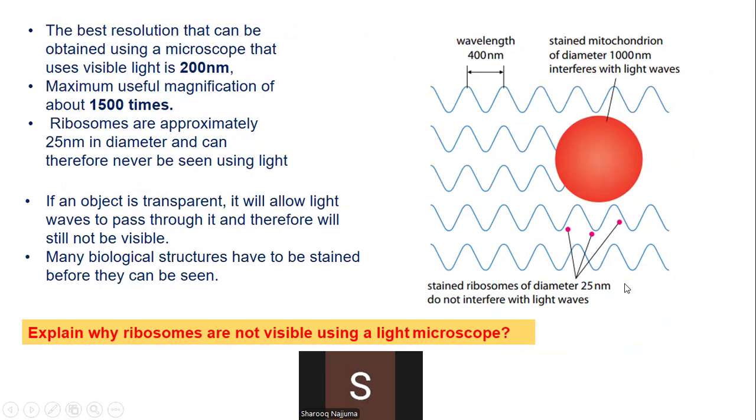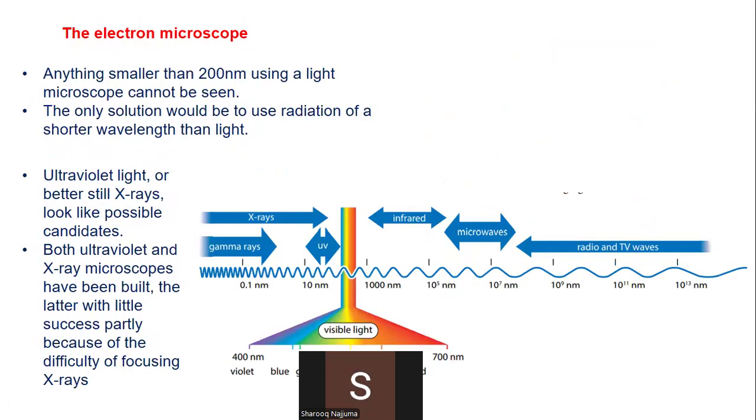The light microscope has a maximum resolution of 200 nanometers, which is way bigger than 25 nanometers, which simply means that you cannot see the ribosomes. Why? The ribosomes will not interfere with the light waves. So that is why you cannot see the ribosomes using a light microscope.